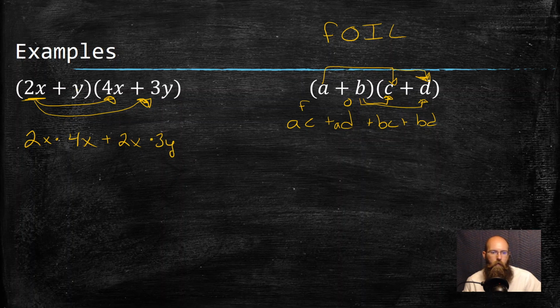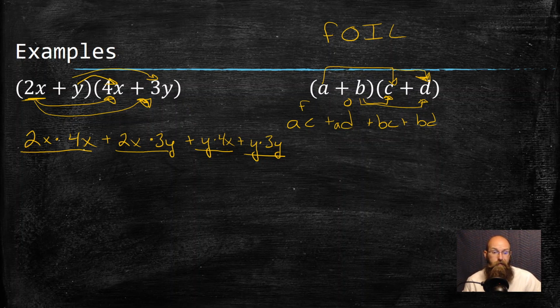And then I have the y gets multiplied to both things over there. So now it's y times 4x plus y times 3y. So I have 1, 2, 3, 4 terms. And that should happen because I have 2 terms times 2 terms, which gets me 4 total terms.